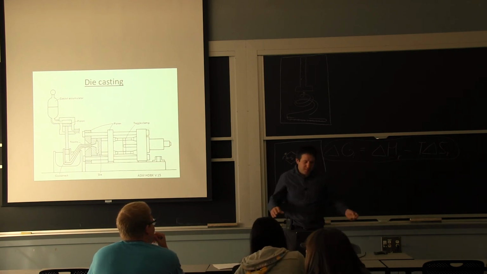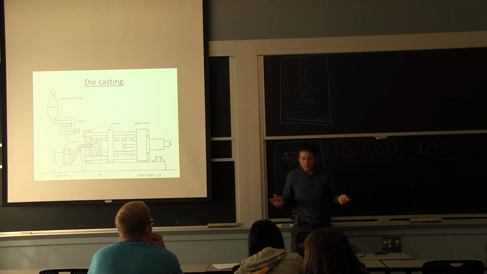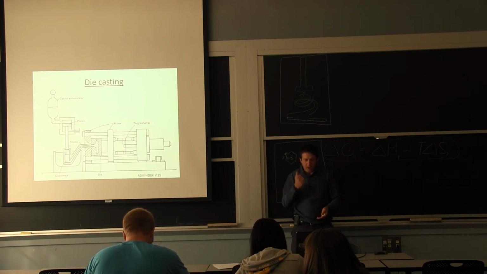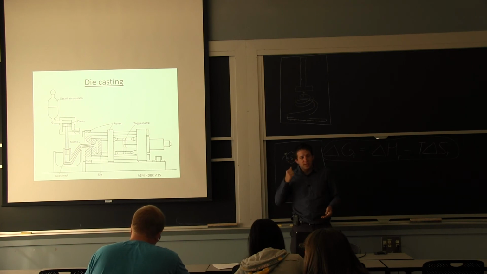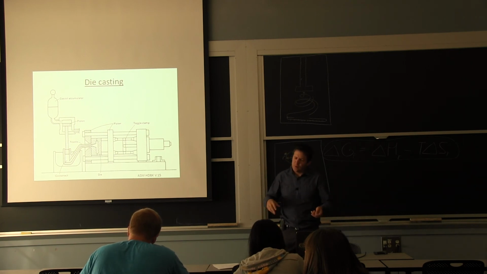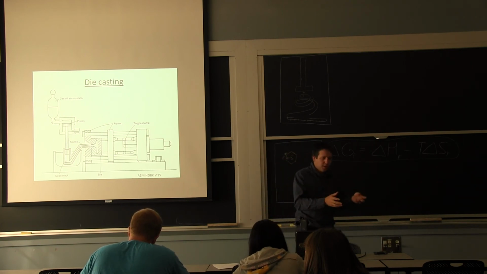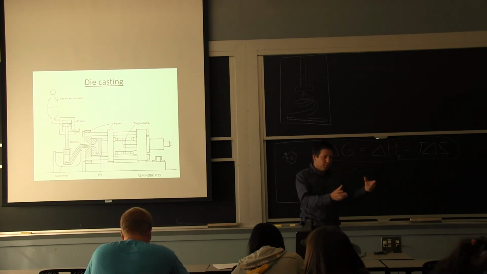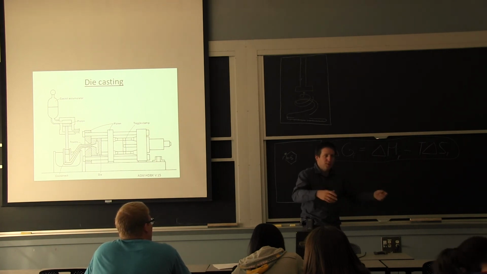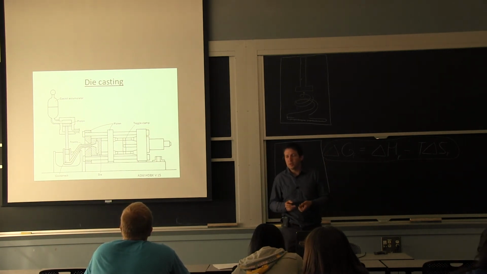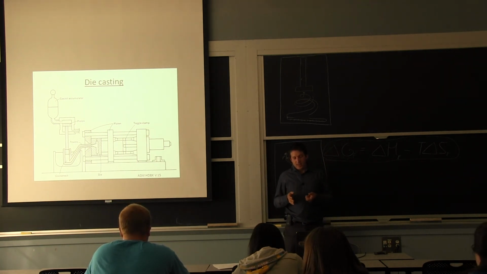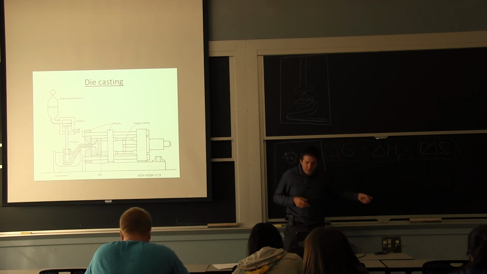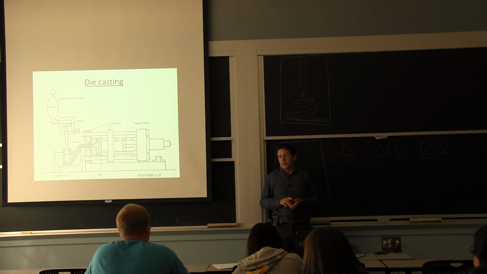Die casting. So I'm taking a completely different turn here. I want to talk about a process that is more like a press. Instead of taking your pattern, making one mold, then going to the slurry and making the mold for casting and then pouring into it, breaking it, and working with the finish, this process takes the liquid, injects it in a permanent mold, and you form the part right away.